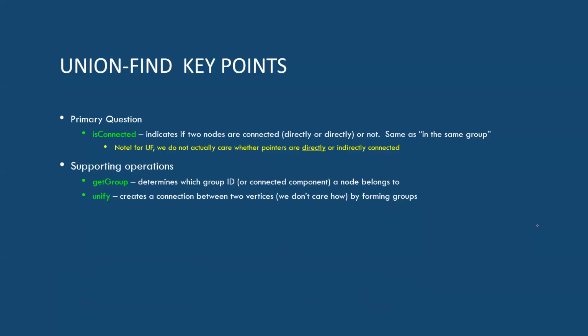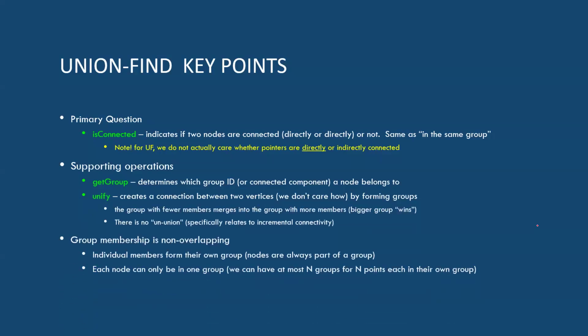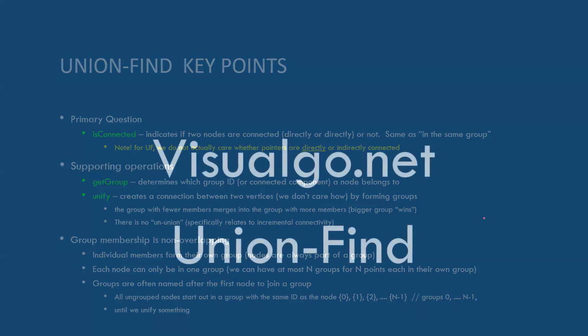And we'll have a get group, a unify, and then we can check also how many groups we actually have. Each node is in only one group at a time, and when they're all by themselves, they form their own group. If they have no connections anywhere, then they're in their group by themselves. So those are our fundamental guiding principles.